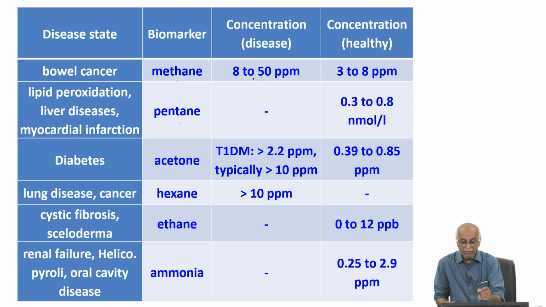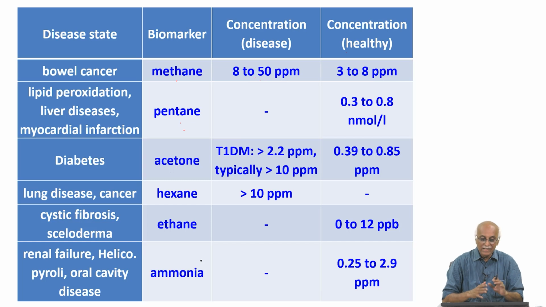So, if we can capture human breath and then try to derive this variation in the concentration of species such as methane, pentane, acetone, etc., they may help us to indirectly derive pathological conditions. That is the idea.